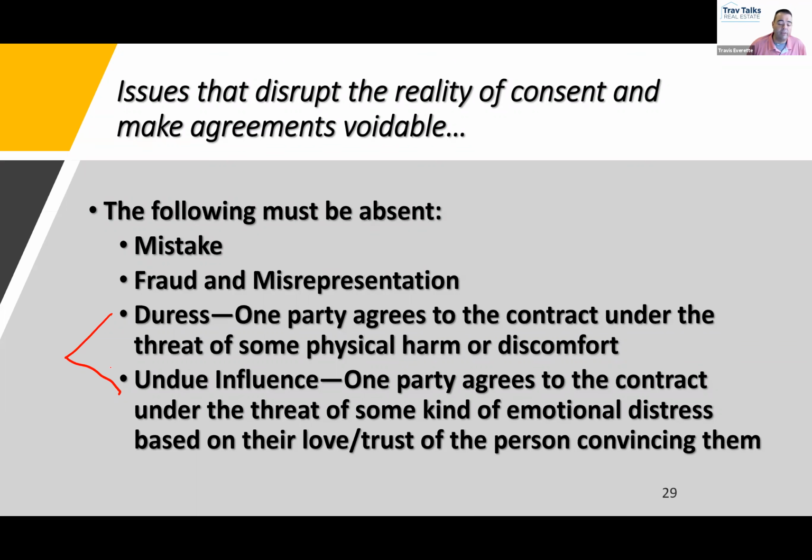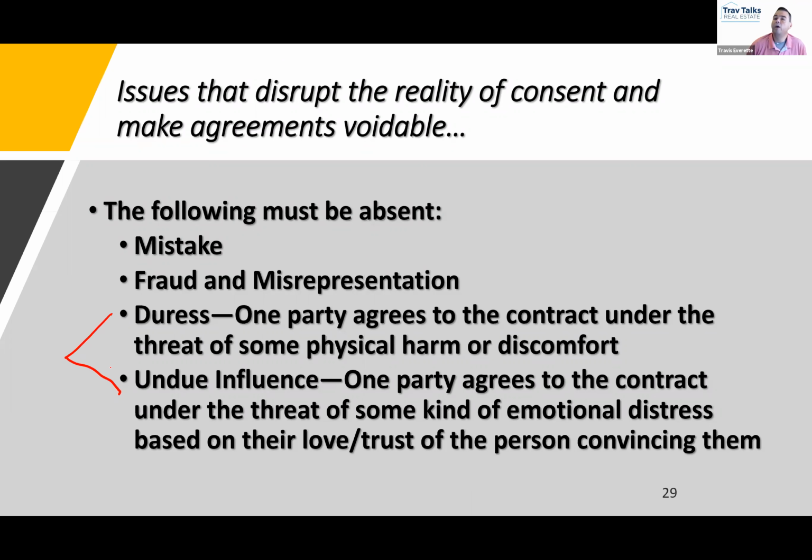The threat of emotional harm or emotional influence is called undue influence. So an example of undue influence might be, if you don't agree to sell, I'm filing for divorce. Either you agree to sell the house or we're getting a divorce. Well, that's not physically harmful, but it is emotionally harmful, right?